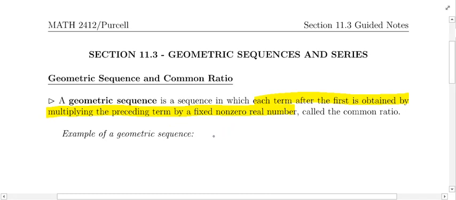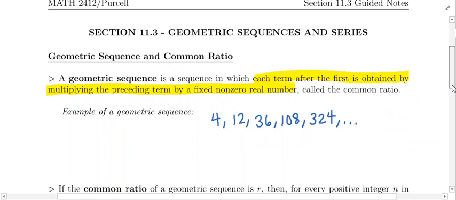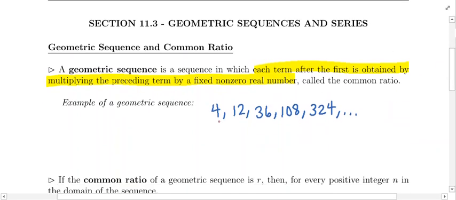Say we have this sequence 4, 12, 36, 108, and I'll give you one more term, 324, and then so on. Okay, let's think about how we go from one term to the next. To go from 4 to 12, we have to multiply by 3.